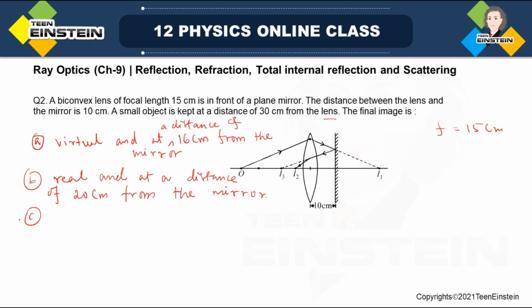Option C is virtual and at a distance of 20 centimeter from the mirror. Another option is real and at a distance of 16 centimeter from the mirror.